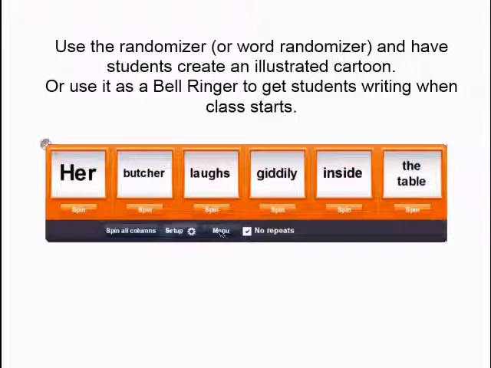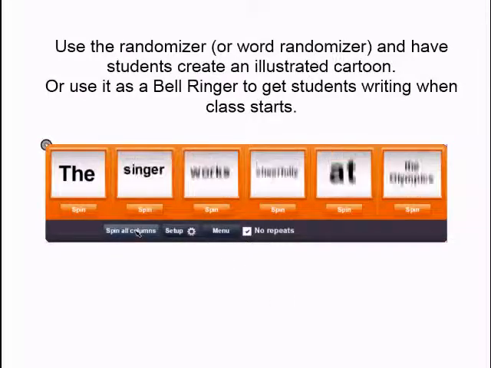So you go up, spin all the columns, and let's take 5 to 10 minutes and let's write a paragraph on the singer dances accidentally in the night. So it could be something where we just write about it, or you could perhaps write and draw, or you could illustrate it with a little funny twist to it in a cartoon. Creative writing. This is a good way to use it.